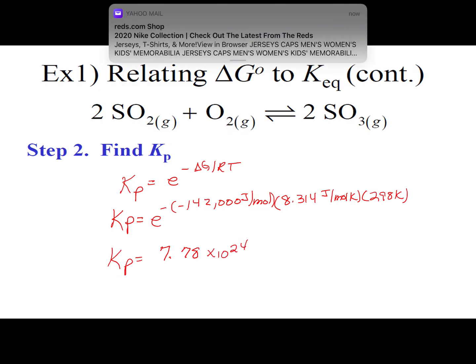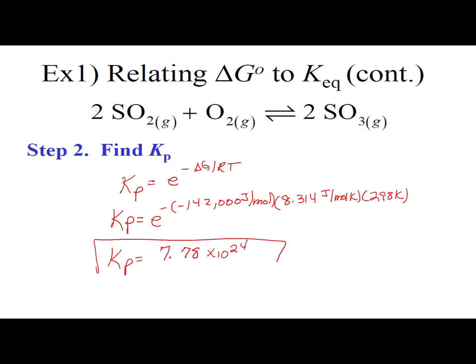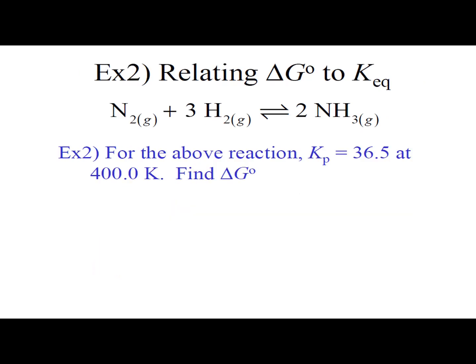Your Kp should be 7.78 times 10 to the 24th. And so the value of the Kp shows that the equilibrium lies far to the right. If you remember, our delta G was negative, which would predict we'd have mostly products. And with a Kp like that, that is indeed the case.